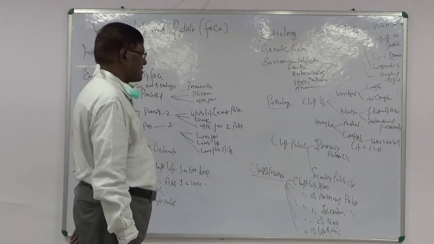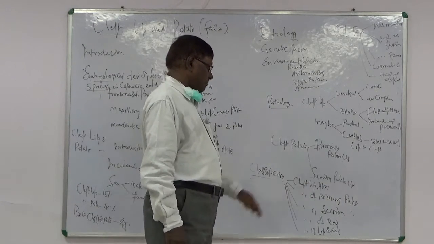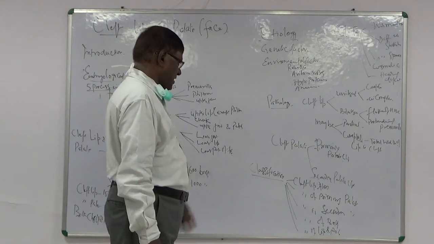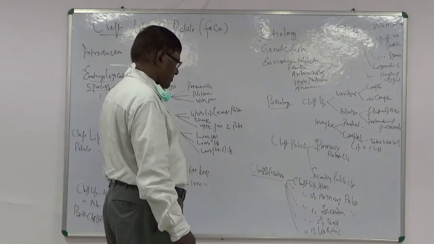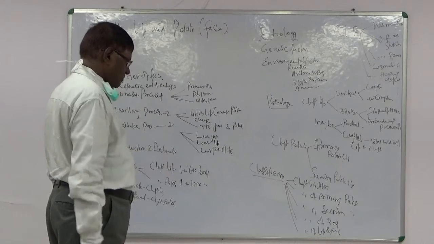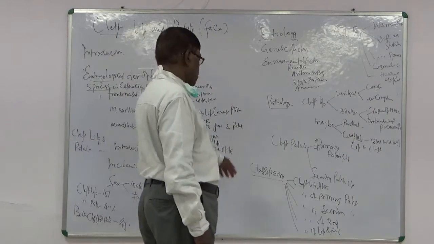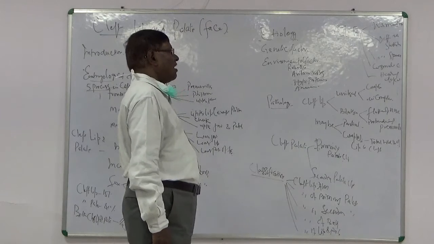Pathology: you can discuss the cleft lip, unilateral, bilateral, cleft palate, primary palate and secondary palate, and classification you can give as cleft lip alone, cleft palate alone, both cleft lip and palate, and in this way you can classify.